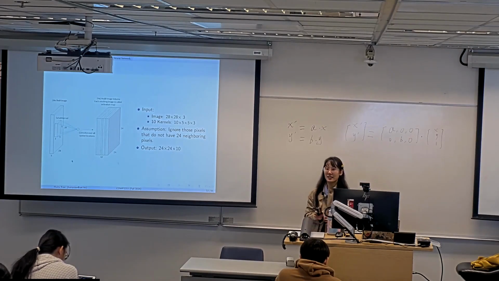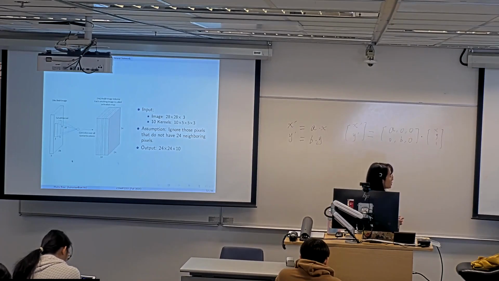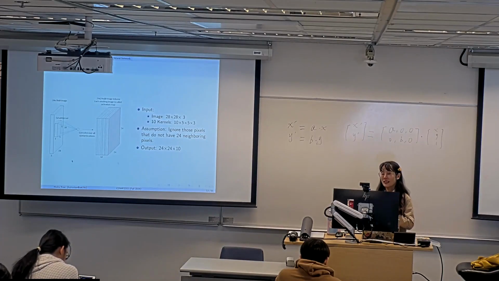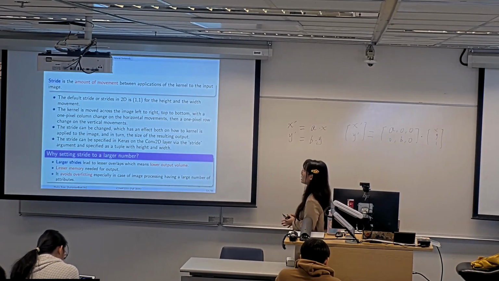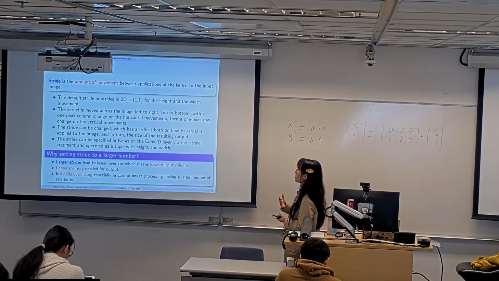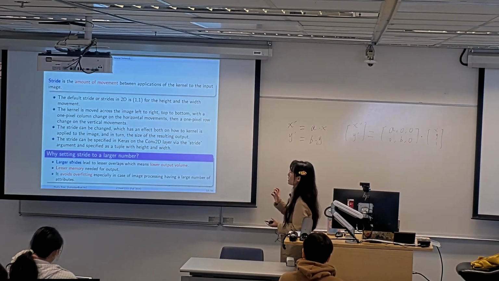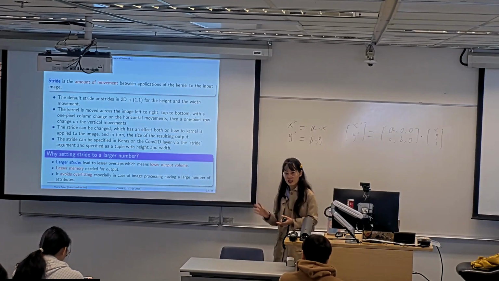All right, let's continue. So we have already learned some basic mechanisms in the convolutional layer, but there are some more possible operations we will add in the convolutional layer. The first one is called the stride. Stride is the amount of movement between applications of the kernel to the input image. What does it mean?